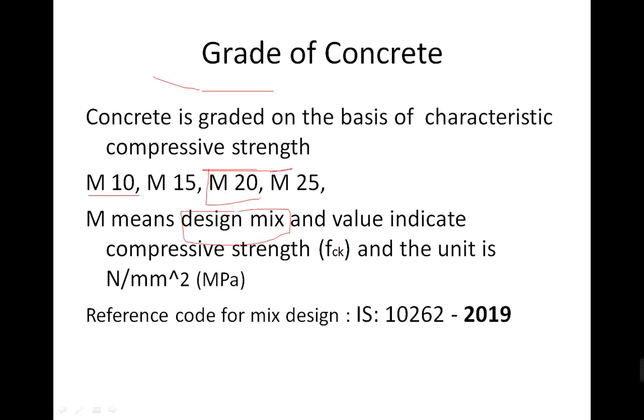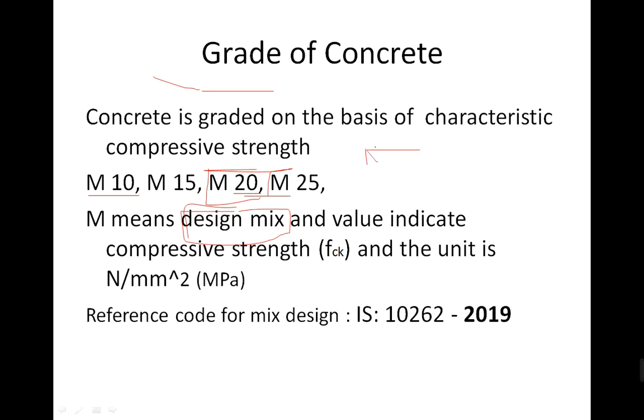So in the previous slide we have seen that we are using the nominal mix for M20 grade of concrete, but here we use the design mix, and the value indicates the compressive strength, and the unit is Newton per millimeter square or MPa. And this design mix gives a guarantee to get the desired strength.